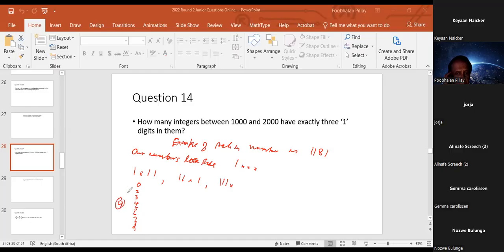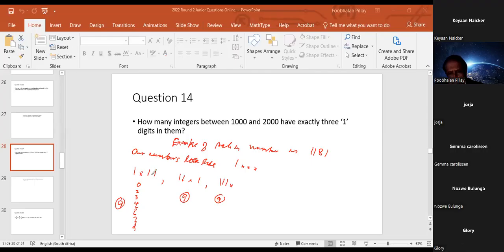So there are 9 such numbers, which look like this: 1011, 1211, 1311, 1411, and so on. Likewise, you have even this too. If you argue this out, you're going to get another 9 there. And here too, you get 9, because in each case you don't put the 1, but you can put any one of these. So there are 9 numbers which look like that, with the second digit missing.